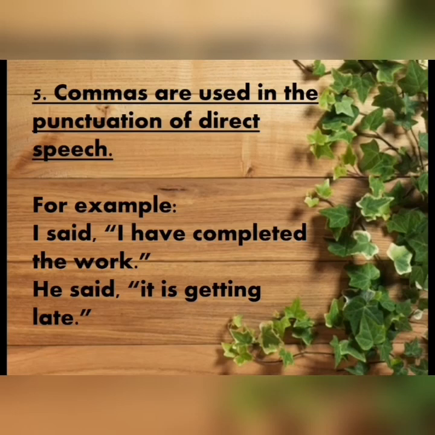I have completed the work. He said. For example, just imagine that you are talking to someone and you are telling that he said, comma, it is getting late. So this, it is getting late, is called direct speech. Like you are not changing the verb, you are just quoting, you are telling the exact same thing. So this is direct speech.